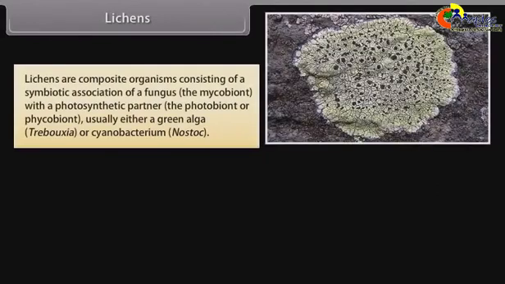Lichens are composite organisms consisting of a symbiotic association of a fungus, that is, the mycobiont, with a photosynthetic partner, that is, the photobiont or phycobiont. Usually either a green algae, that is, Trebouxia, or Cyanobacterium, that is, Nostoc.